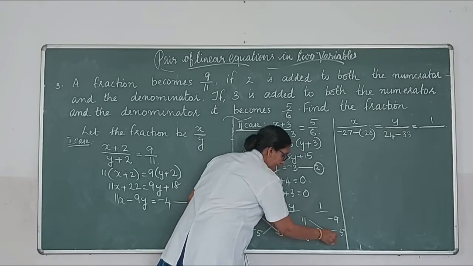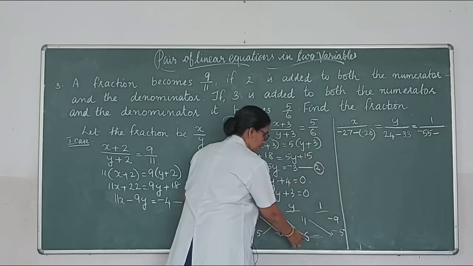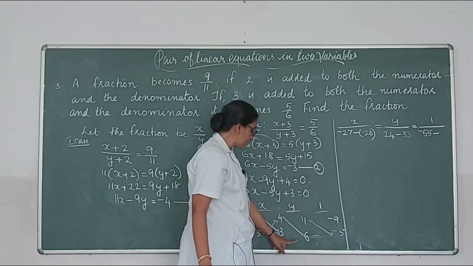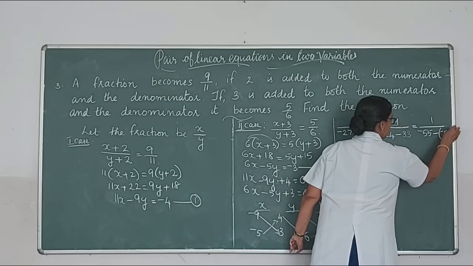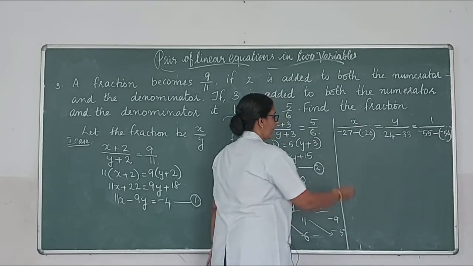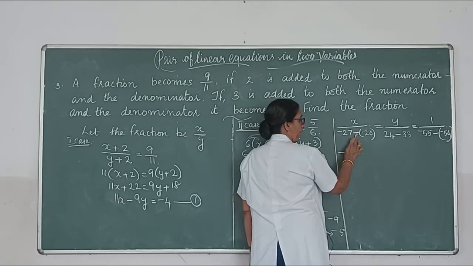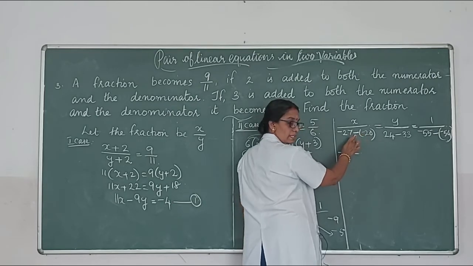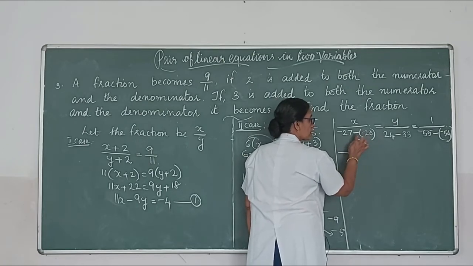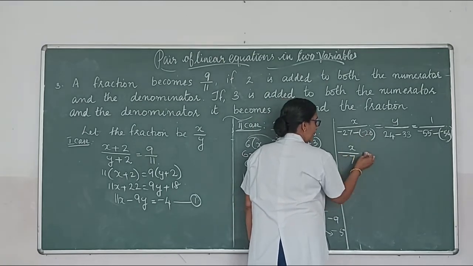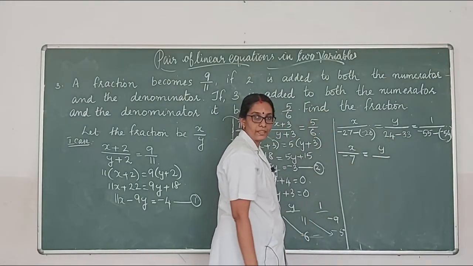Now 11 into minus 5, minus 55, minus 6 into minus 9. What is 6 into minus 9? Minus 54. Okay. Now we can write x by minus 27 minus minus 20, minus of minus is plus, so minus 27 plus 20, it is minus 7, equal to y by 24 minus 33.